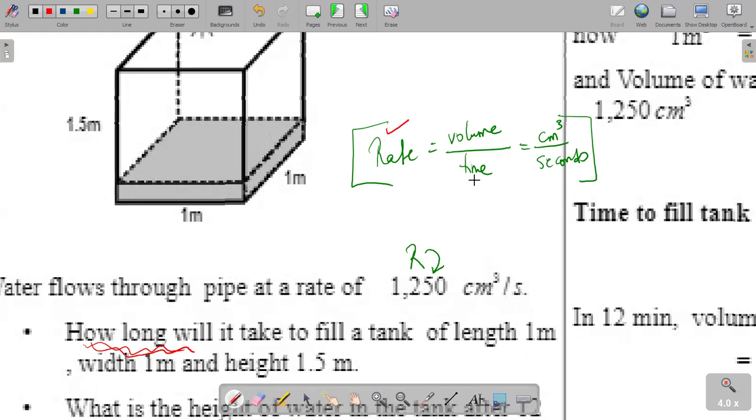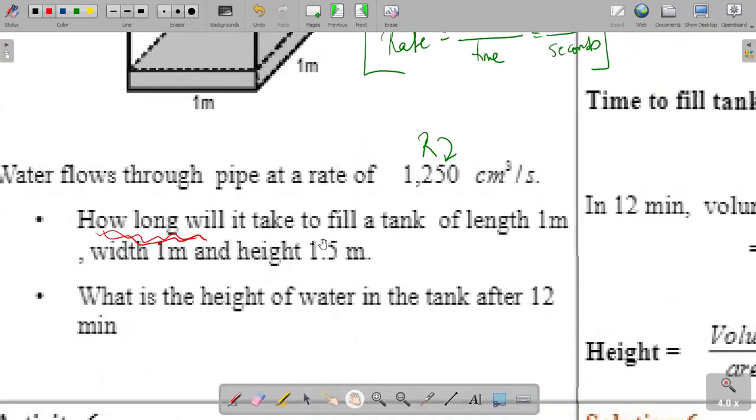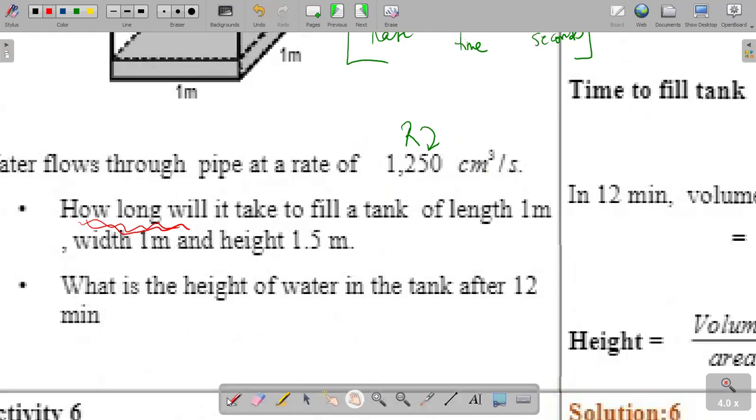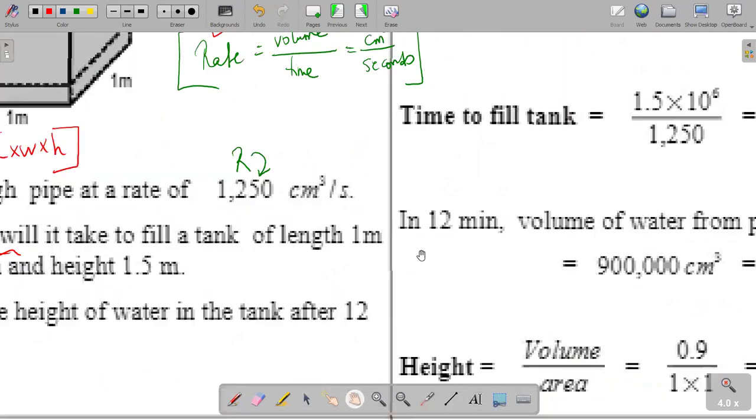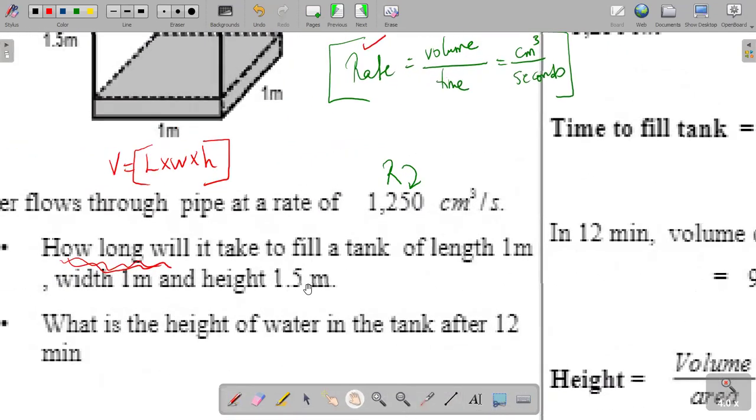That means they gave us a way to find volume. Do you agree? They didn't give us everything we need for our volume. This isn't given as a cuboid volume, so what did they give us? They gave us the length, the width, and the height. And everybody knows the volume of a cuboid is just length times width times height. So you have to calculate your own volume this time. Also pay attention to the units.